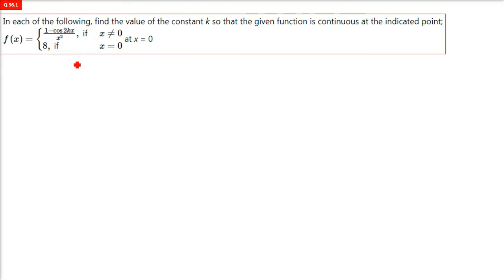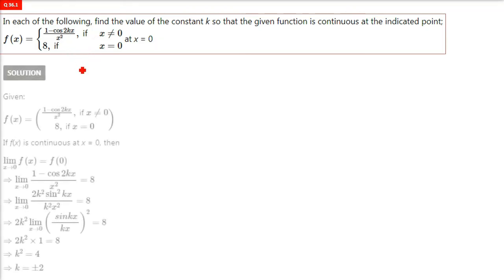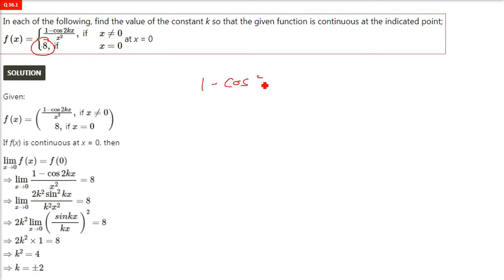Now almost the same kind of question here. So let us do it quickly. We have to equate it to 8. Now, rather than going for left hand limit or right hand limit, we can formulate this in a way where we can easily solve it using the limit. So 1 minus cos 2kx is 2 sin square.